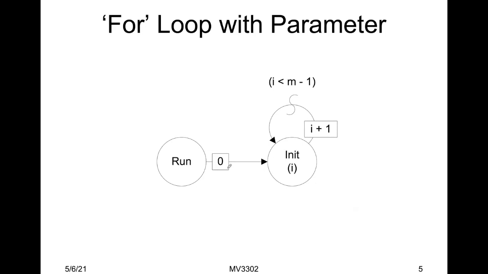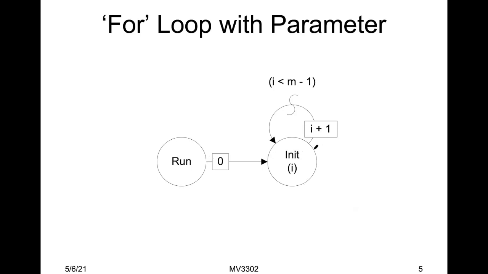You can't put a for loop into a strict event graph. However, this is how you write a for loop, or one of the ways. And here, this init term is just something that I use. It's an arbitrary name.